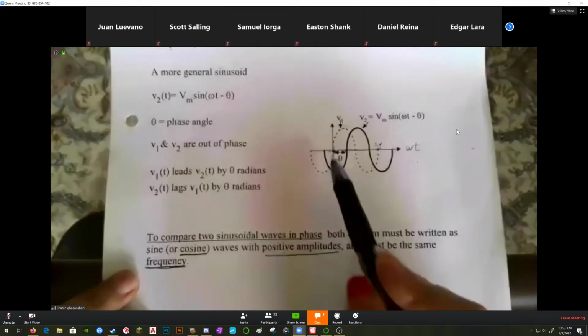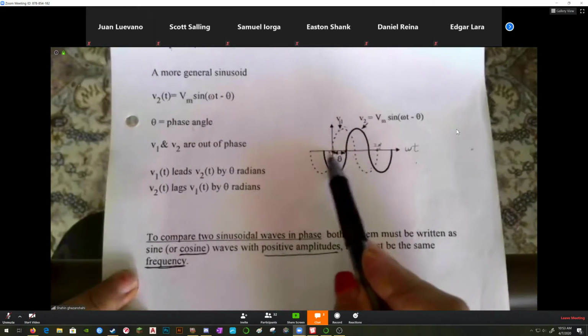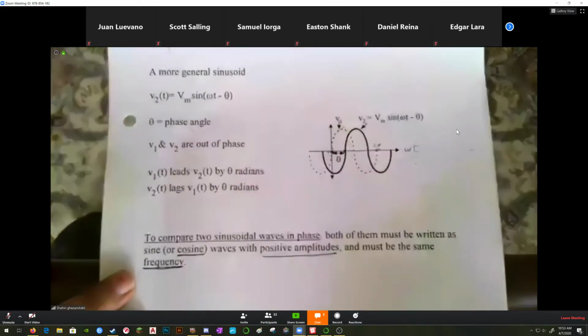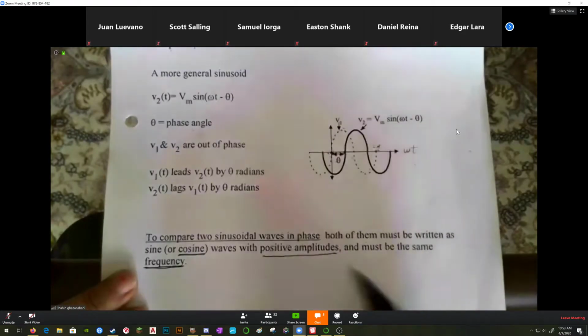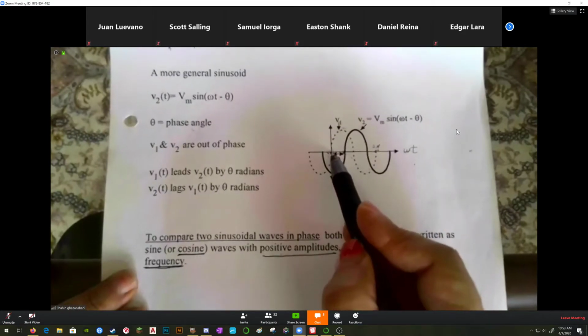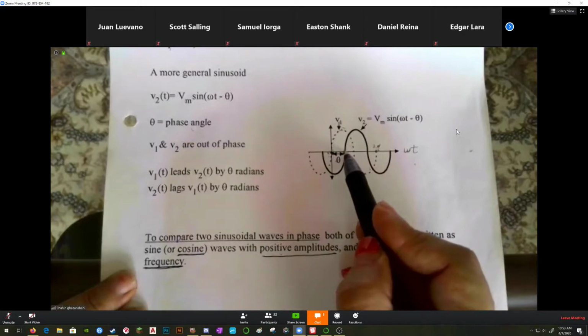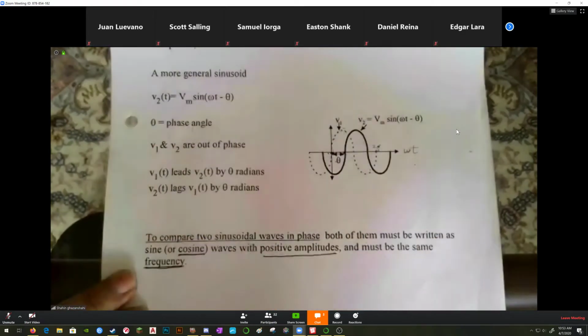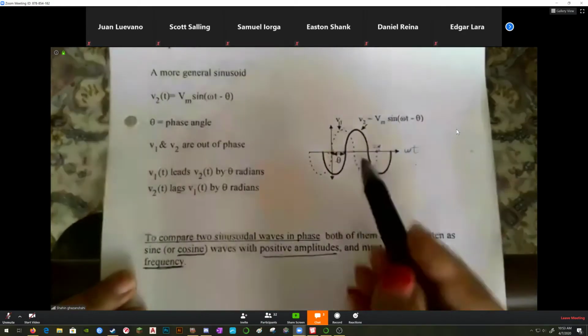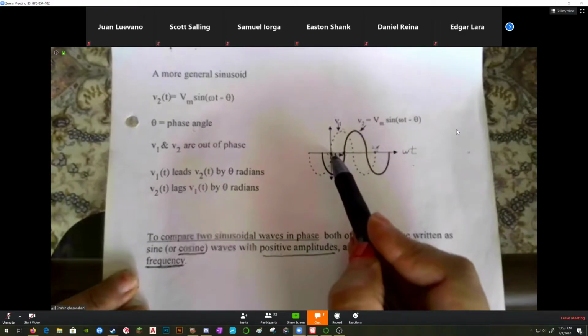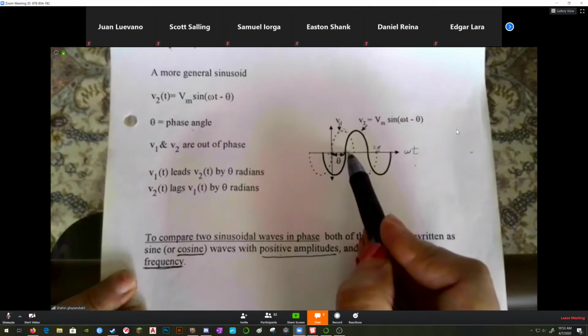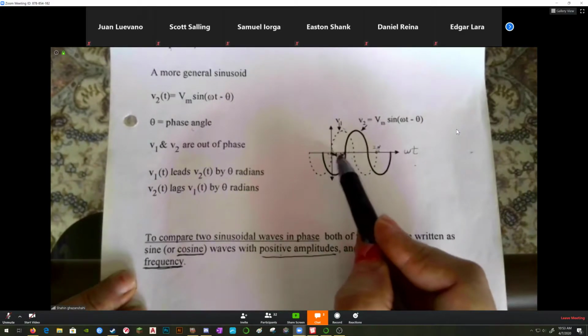Now, one of the signals is leading and the other is lagging, okay? Here we write V1 leads V2 by theta. That shows that V2 is later in time, but the V1 zero crossing happens before V2, correct?